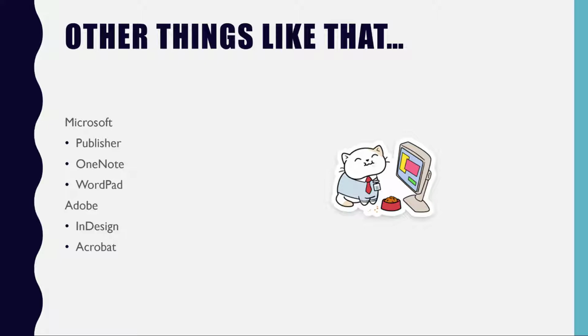Another thing is OneNote. OneNote is a Microsoft product designed for keeping notes. It's note-taking software. But if you look at the definitions for word processors, OneNote might be considered one because you can format the text, change the color, the size, the font, all those different things.